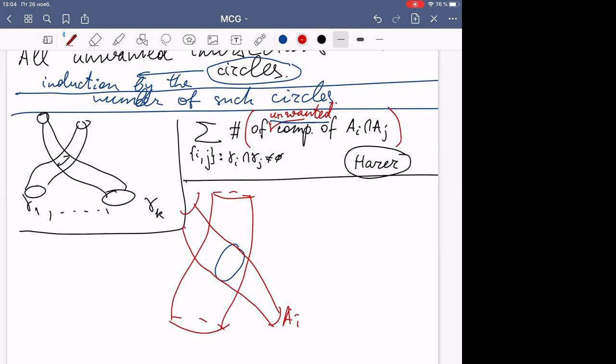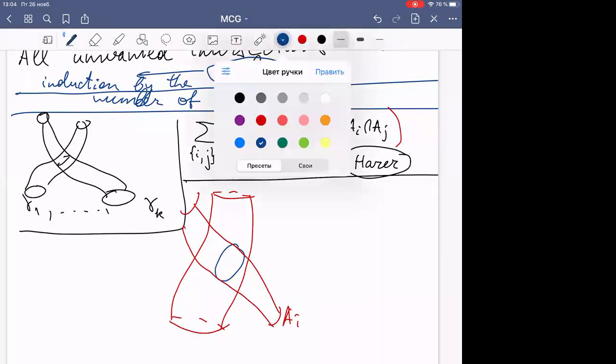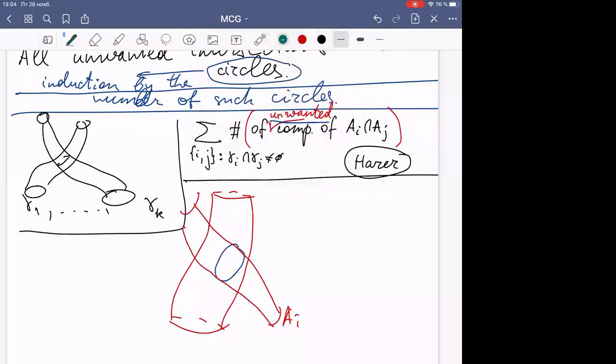But it is also possible that these unwanted circles may intersect each other. It is always possible that there is some gamma K, which is also disjoint from gamma I, but maybe not disjoint from gamma J. So it is possible to have a picture like that.